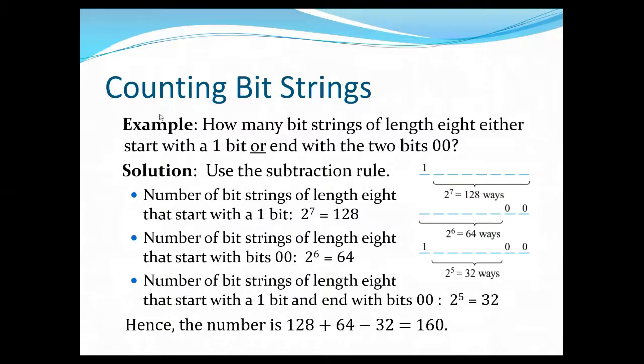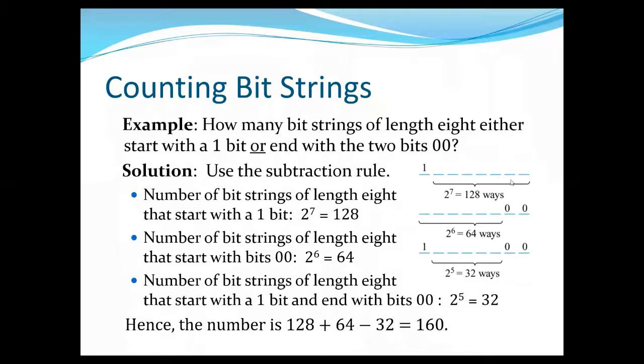For counting bit strings, we need to determine first all possible ways that it will start with 1. Disregarding the first bit, we have 7 bits. So the possible ways for each position is 2, 2, 2 until the last position.